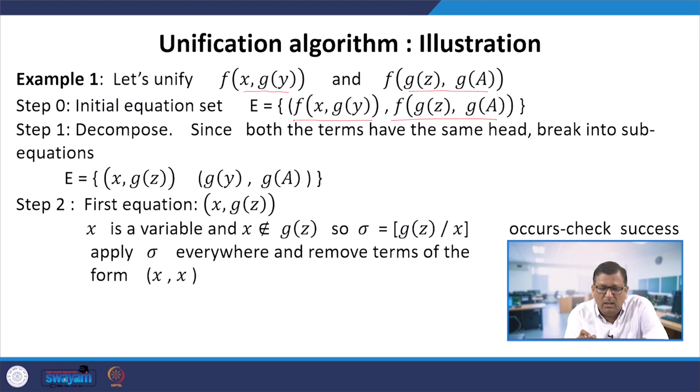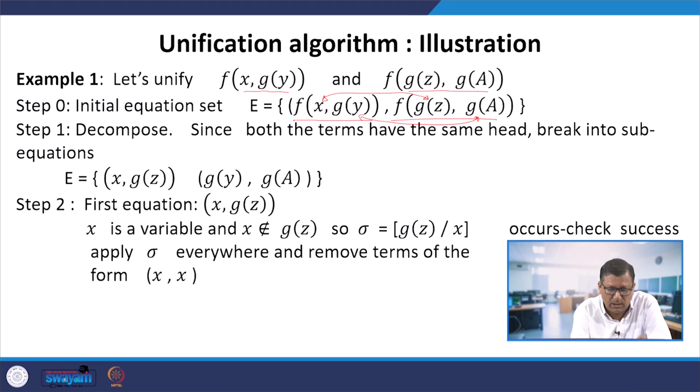Then step 1, since their heads are the same, we break into their arguments. We try to match pairwise: x with g(z), and g(y) with g(a). So the equation set now becomes the pair x, g(z), and the pair g(y), g(a).